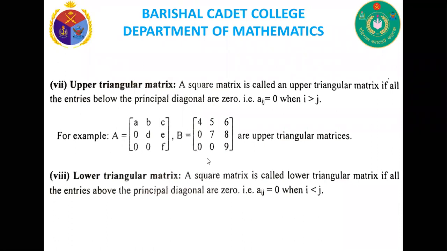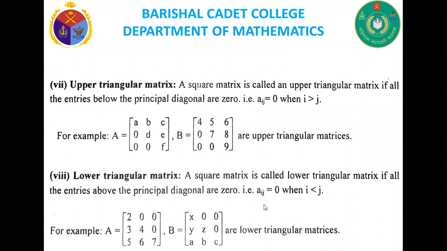Now, lower triangular matrix. A square matrix is called lower triangular matrix if all the entries above the principal diagonal are 0. That is, a_ij equal to 0 when i is less than j. For example, A equal to 2, 0, 0, 3, 4, 0, 5, 6, 7.